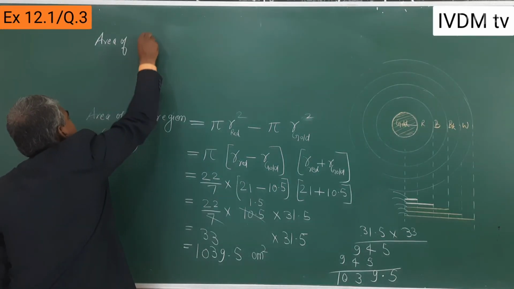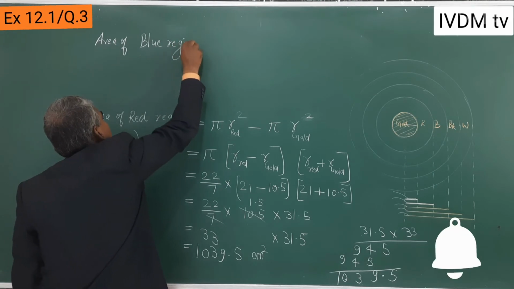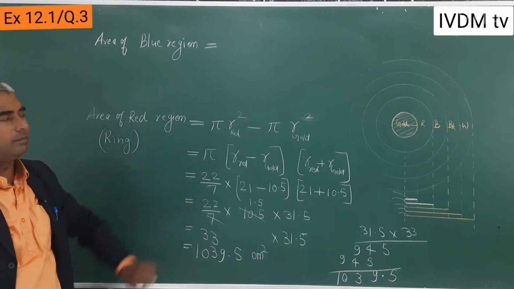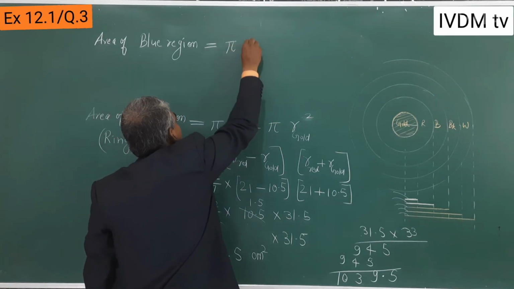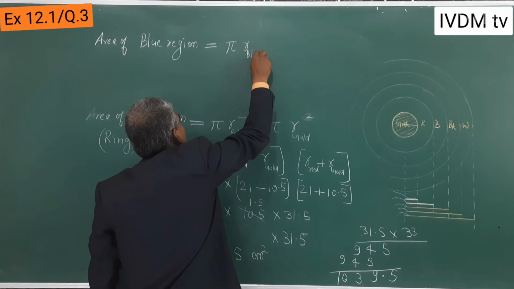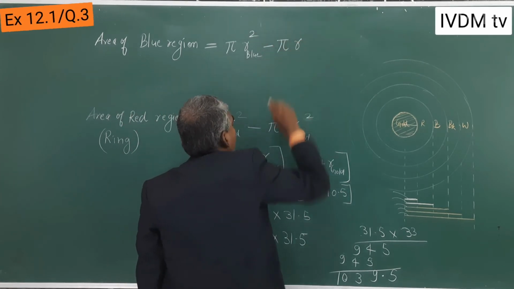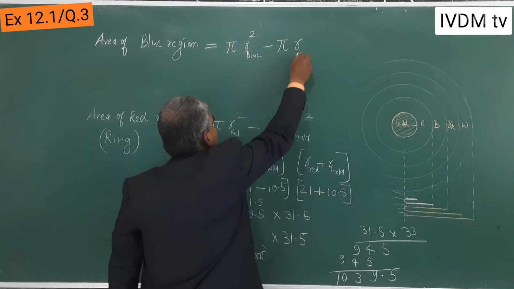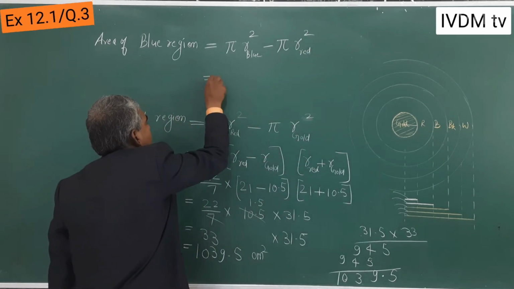Area of the blue region is equal to pi r blue square minus pi r red square.